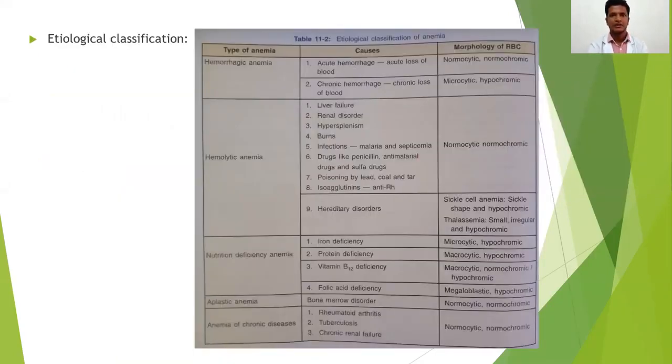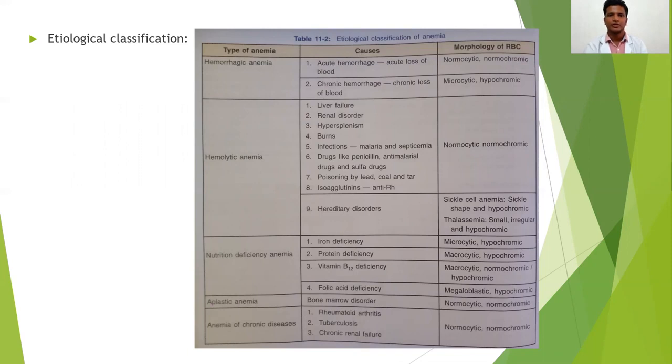Etiological classification: the types of anemia based on etiology are hemorrhagic anemia, hemolytic anemia, nutrition deficiency anemia, aplastic anemia, and anemia of chronic diseases. Hemorrhagic anemia: causes may be chronic hemorrhage or acute hemorrhage.